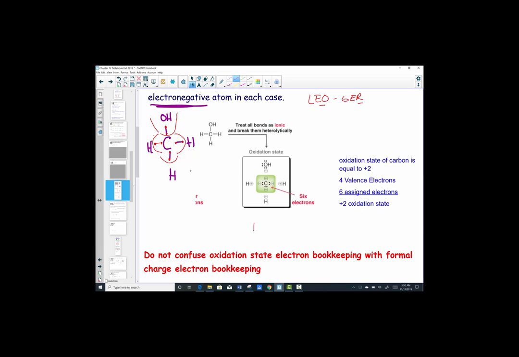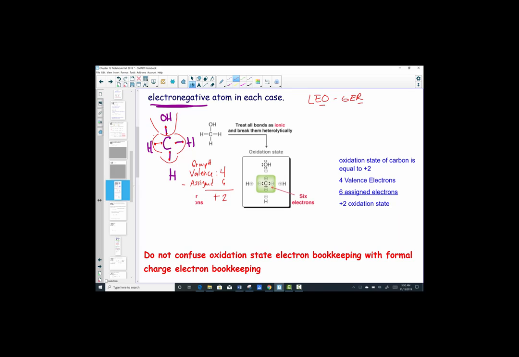We know that carbon lives in group 4A, so it has 4 valence electrons. You can think of this as its group number. We just assigned 6 electrons around it, and therefore its net oxidation state is +2.